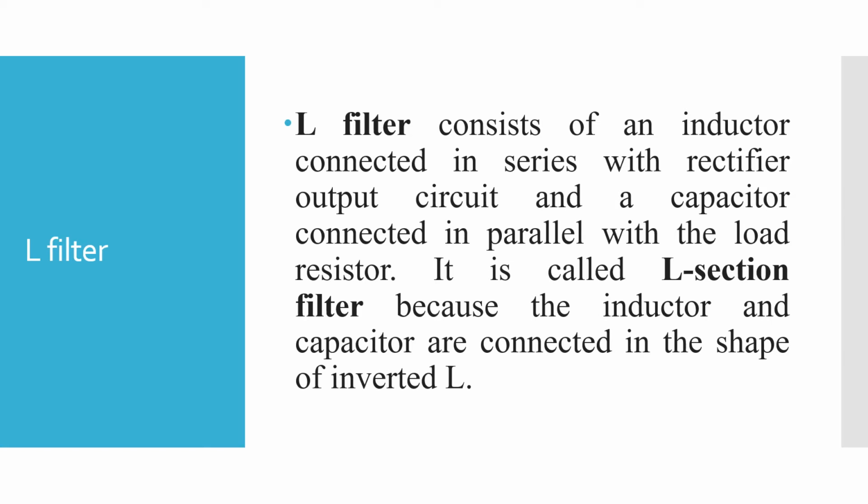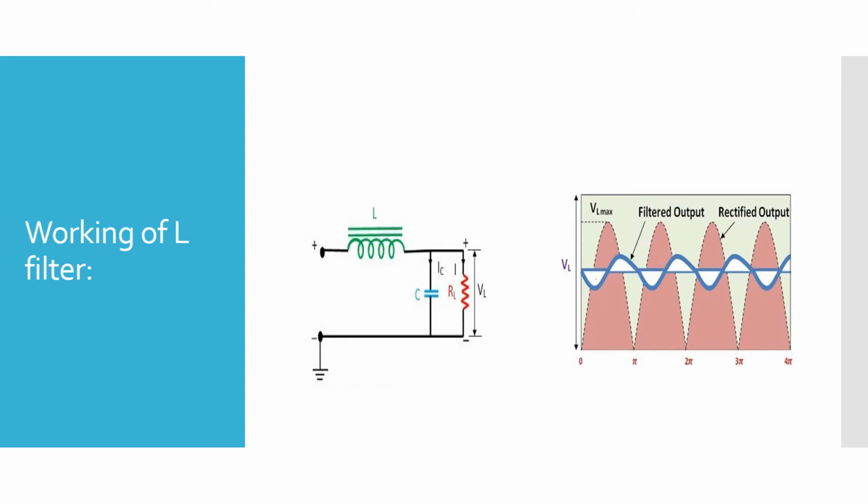Now let us see the working of this L filter. Here we have a circuit diagram for the L-section filter, and it is well observed that the inductor and capacitor are connected in an inverted L shape.